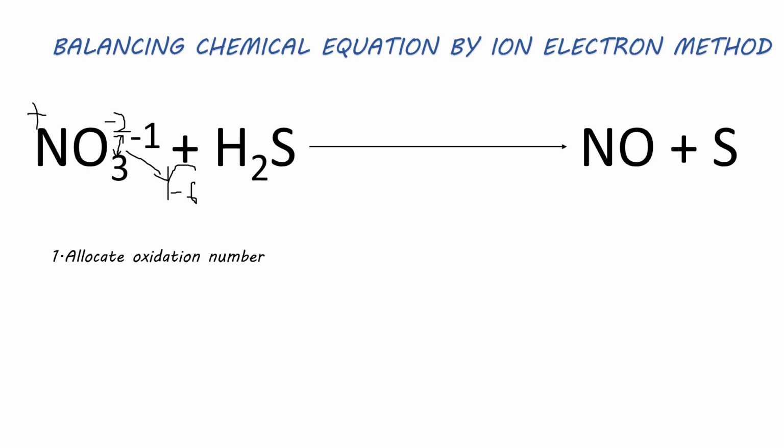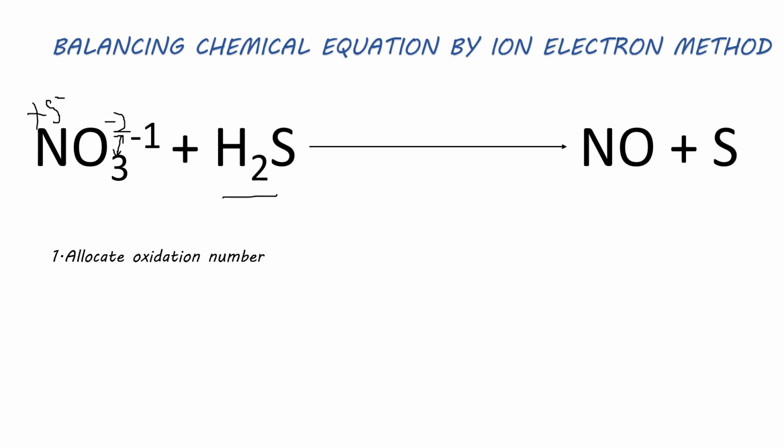We need -6, and since the nitrogen carries -1, that means this atom has another electron or cation. So N will be +5, and now this whole compound is neutral.